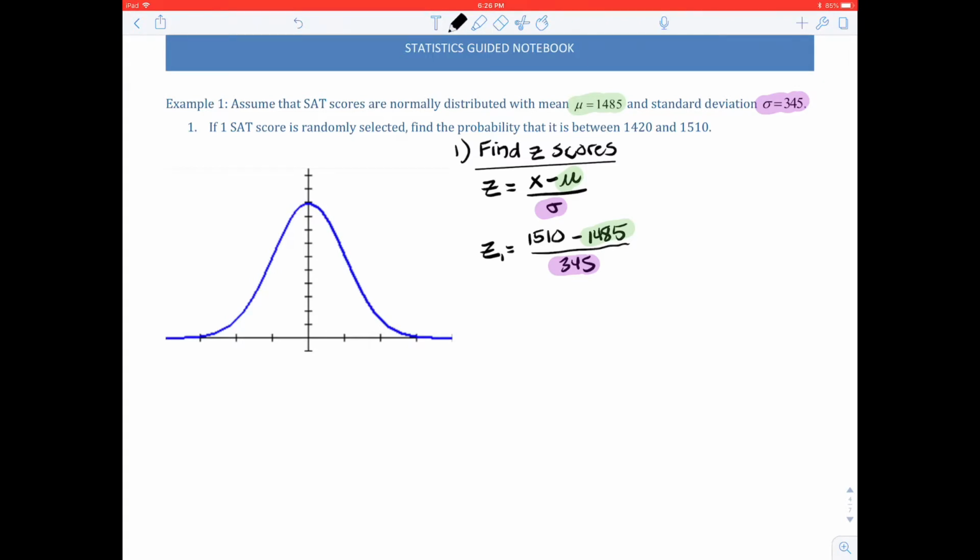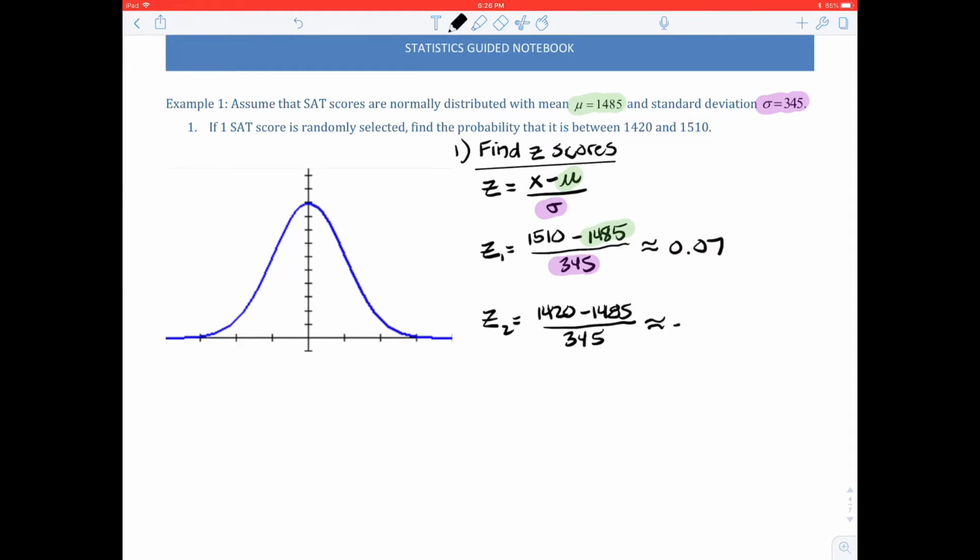So that ends up being, did you have time to do the computation? We want to go to the nearest hundredth, so with a little work, we get 0.07. And then our z2 is just going to be 1420 minus 1485, which is mu, all over 345, which is our sigma.